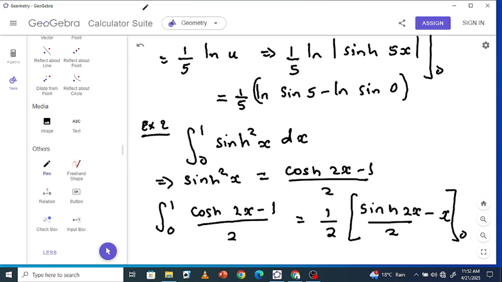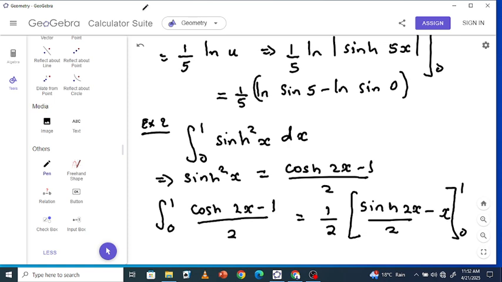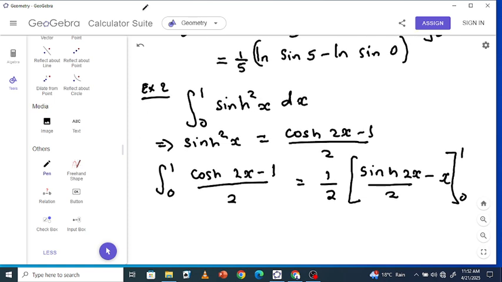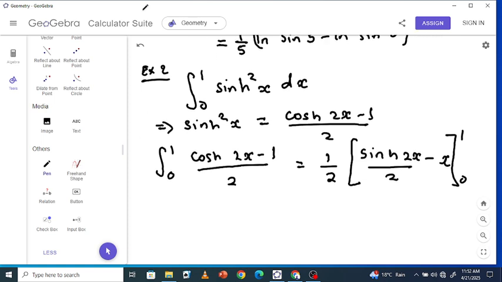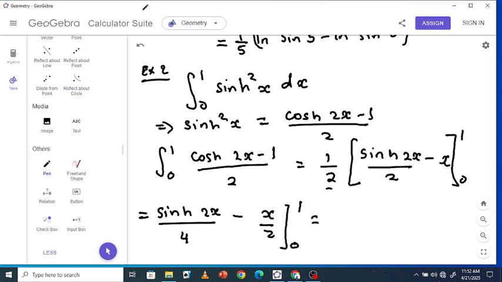Our limit is from 0 to 1. Now we expand, we are going to get sinh 2x over 4, because we have 2 and 2, minus x over 2, from 0 to 1.